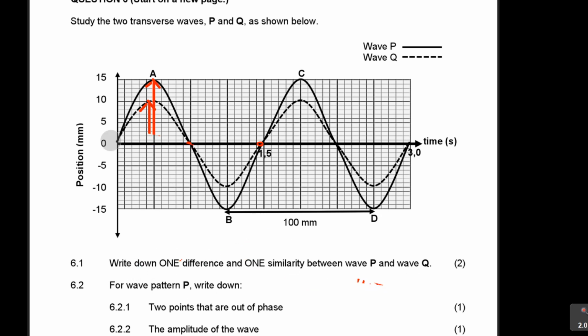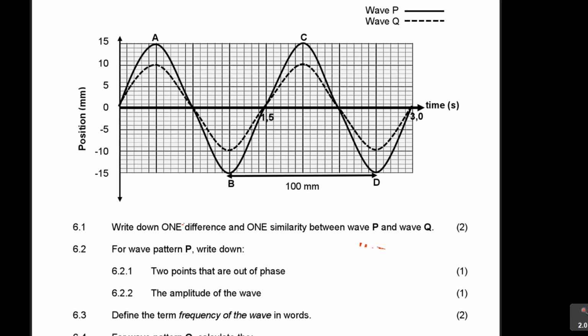Next question. They're saying for wave P, write down 2 points that are out of phase. Let's focus on P with a solid line. Very open question. Look at A. A is going down and B is now going up.